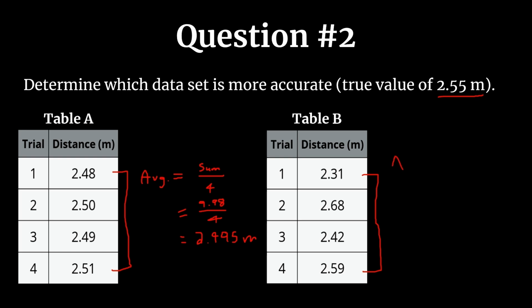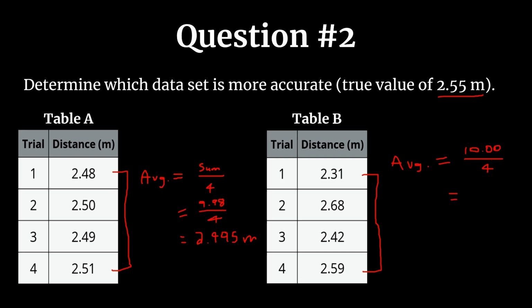And you can do the same thing on table B, take the average. And the sum in this case is exactly 10. I'll just write this as 10.00 divided by 4.